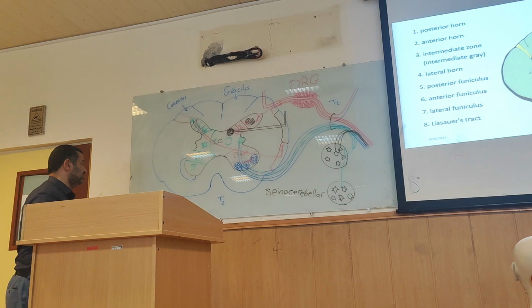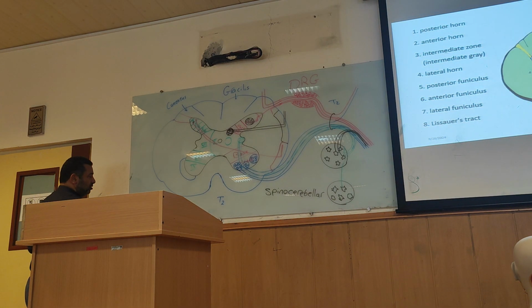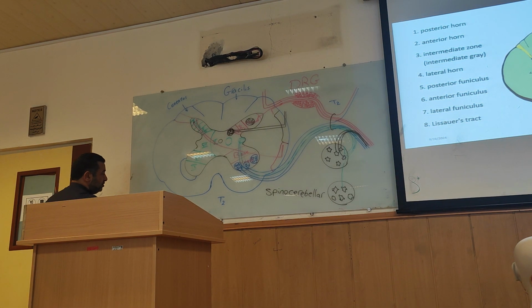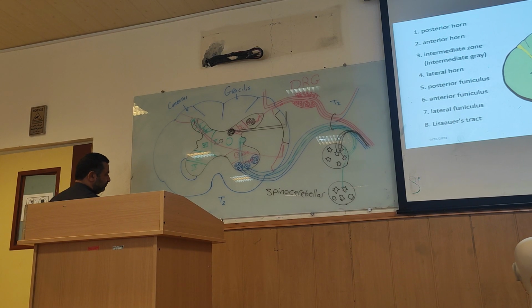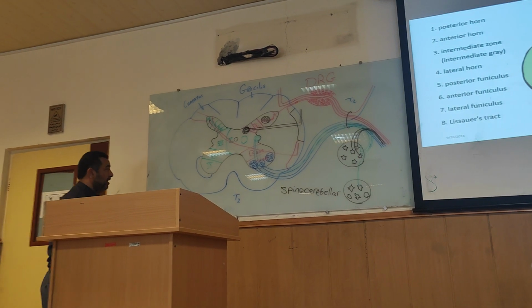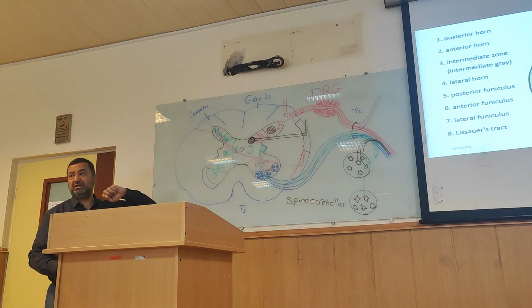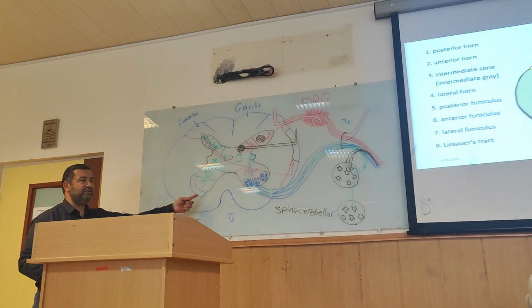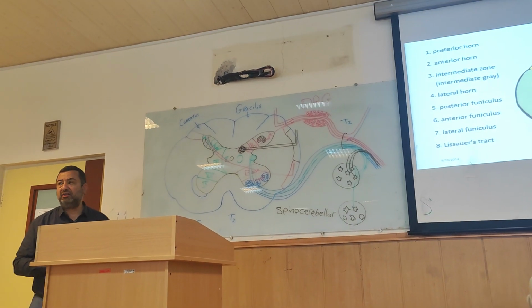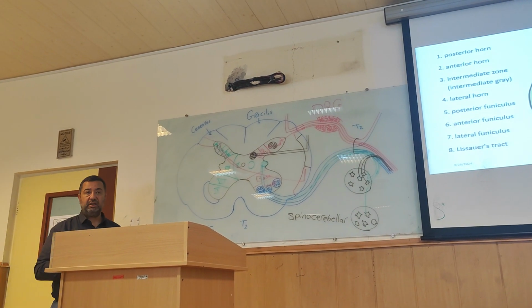This is the spinothalamic tract. The part located in the lateral funiculus is called the lateral spinothalamic tract, and the part in the anterior funiculus is called the anterior spinothalamic tract.